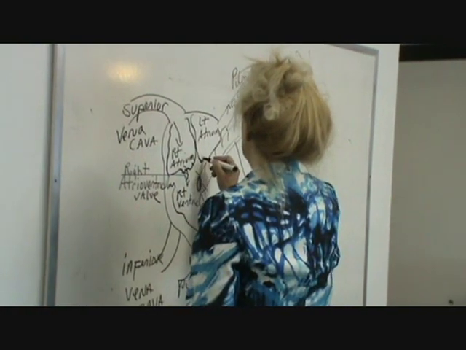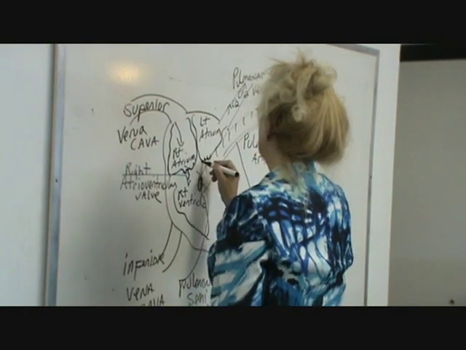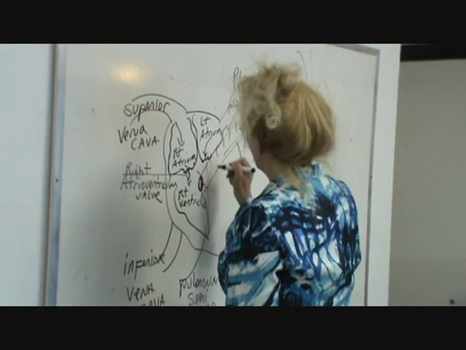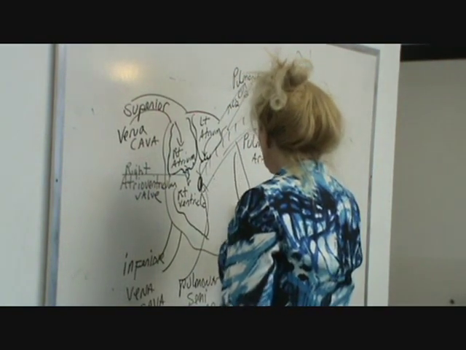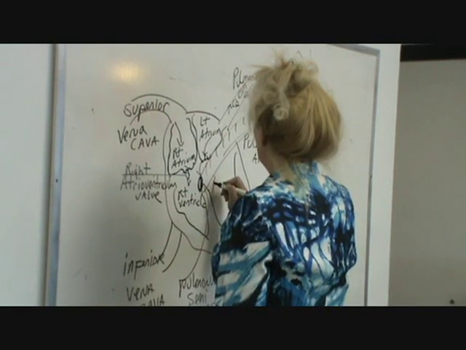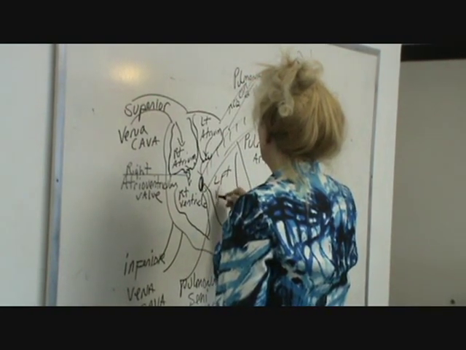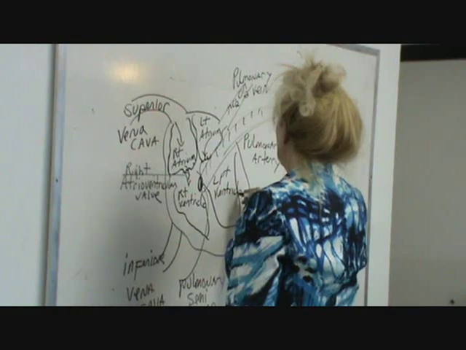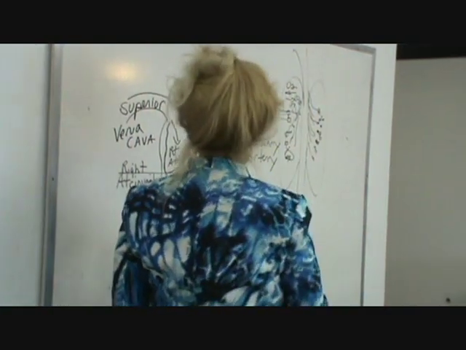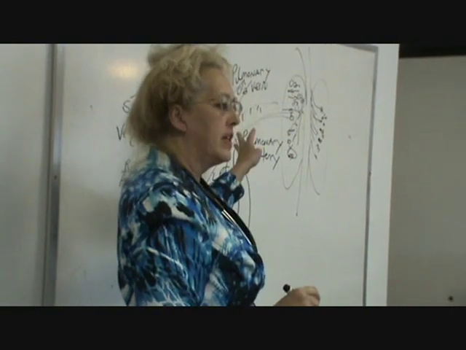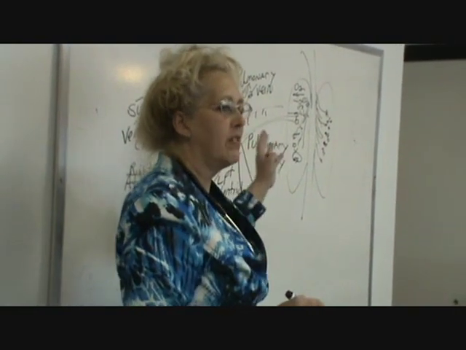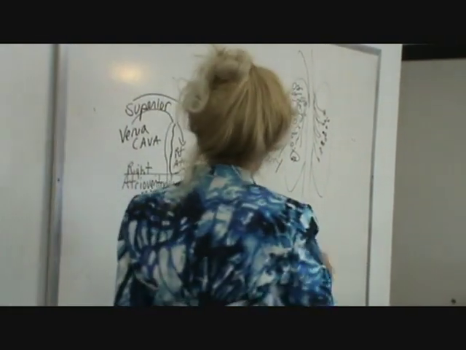Now, the blood has to go from the left atrium into the left ventricle, but it has to do so going through another valve. Each of these atria has valves. The left atrium has the left AV valve, or the left atrioventricular valve.